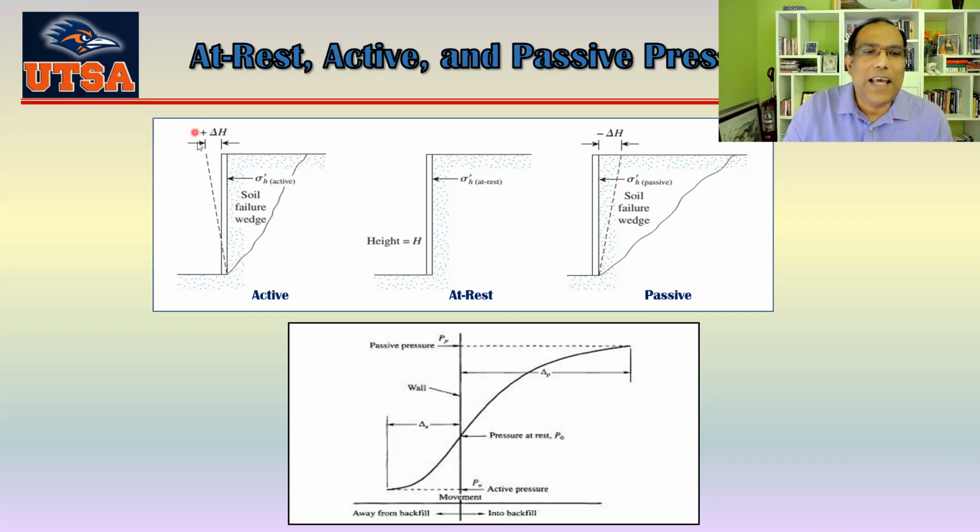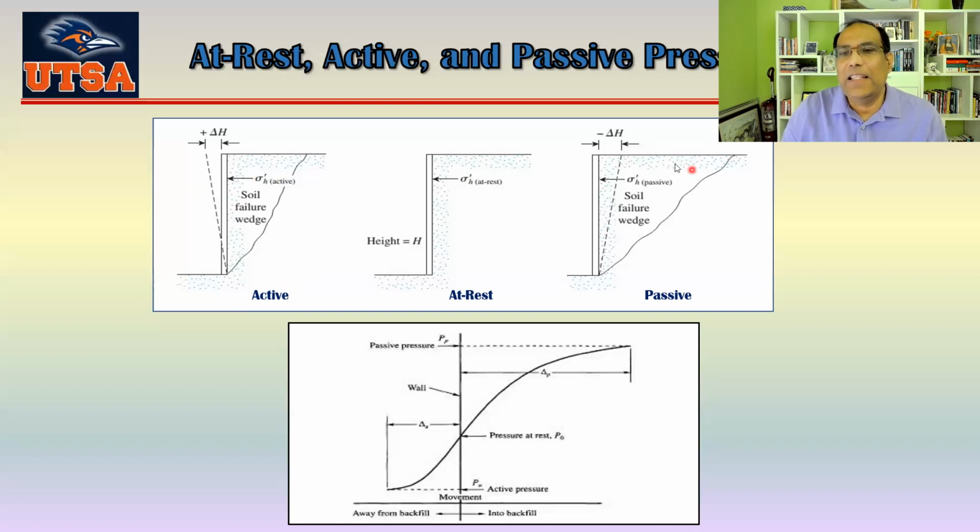Remember that this distance is very, very small. Sometimes you don't see that with your naked eyes. So what will happen in that situation? The active pressure, or the pressure that's coming from here, will be a little bit different than your at rest condition. So when your wall moves outward, basically we call that one active situation.